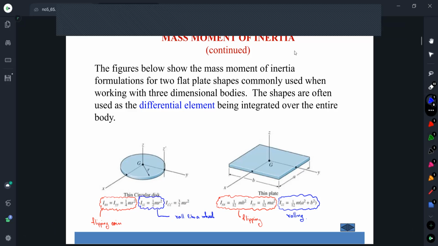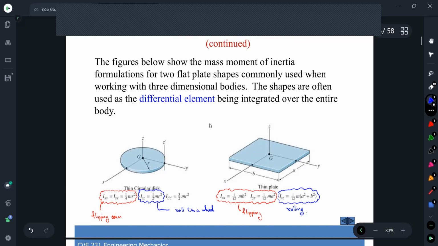It is the same as the thin rectangular plate on the right-hand side. For about the X and Y axes, this is the flipping, and for about the Z axis, this is the rolling.